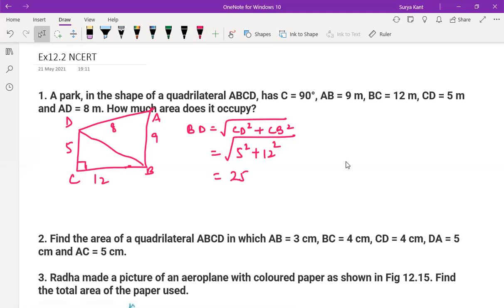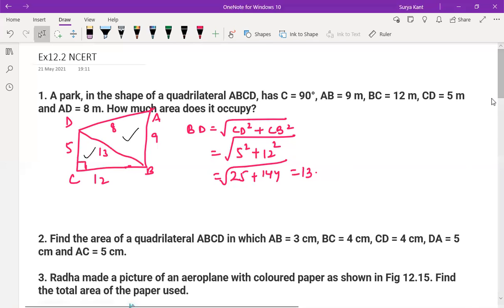So 25 plus 144, that is 13. Okay, so we are getting this is 13. So you can find both the areas separately and get the answer. This area and this area. This you can directly use half base into height, and this you can use Heron's formula. Okay. Sai Charan, it's clear?